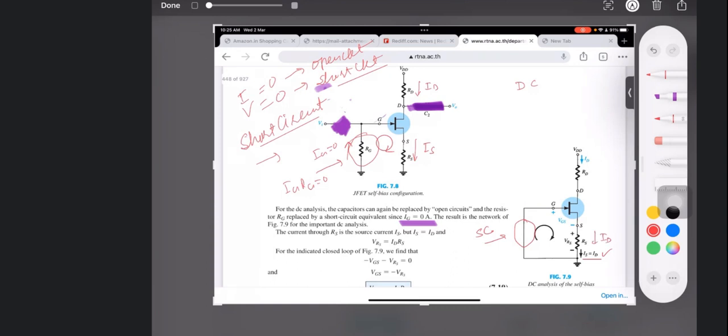So you can write ID or write IS, it is the same thing. So this is IDRS, and this VRS is nothing but this voltage drop IDRS, or this VGS is equal to minus of IDRS. That's it from this equation. And this VDS, you can take this loop. Okay, what it should be, this is VDD, minus to plus, plus VDD.